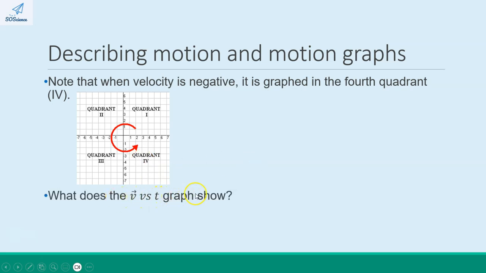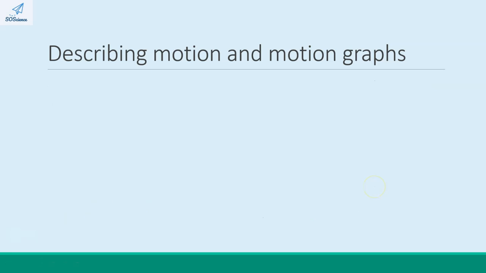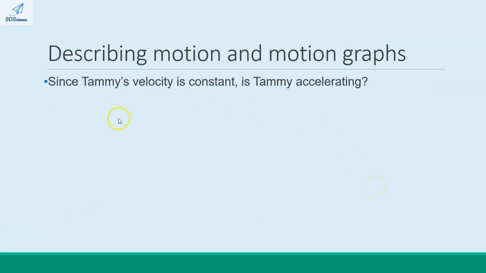What does this v versus t graph represent? Well, it shows us that Tammy travels at a constant velocity of 1 meter per second towards her house for 100 seconds. And because Tammy's velocity is constant, is Tammy accelerating?